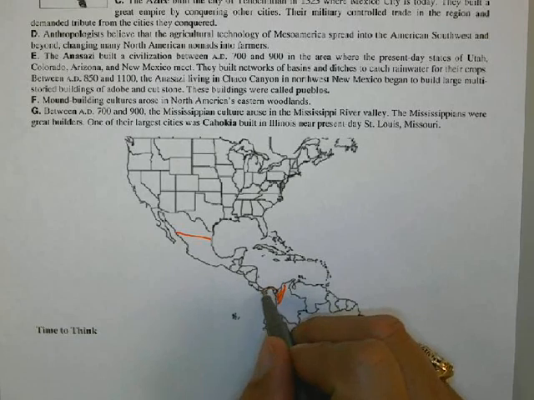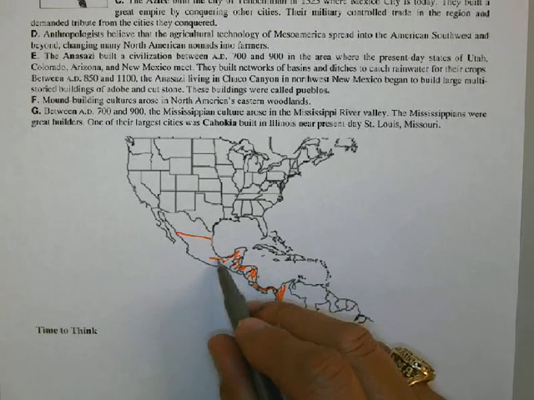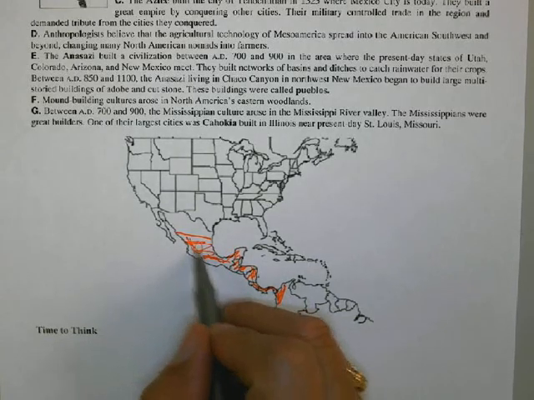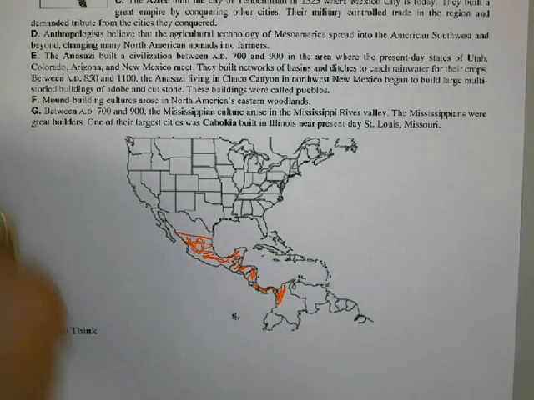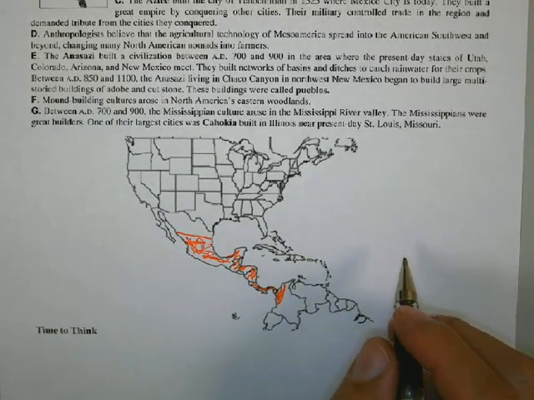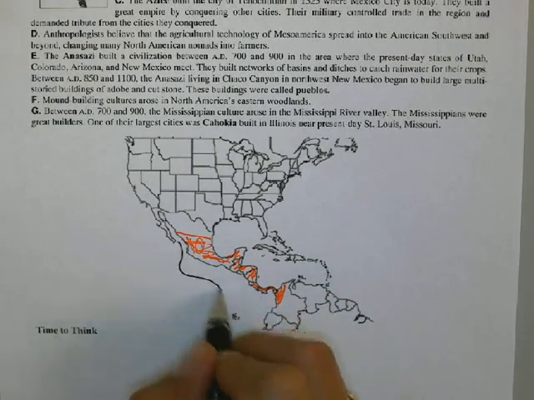Pretty much this is where scientists consider the Mesoamerica to be. Okay, you see that area that is in orange. In this orange area you're going to have the rise of two main groups. Let's label this. This is known as Mesoamerica.